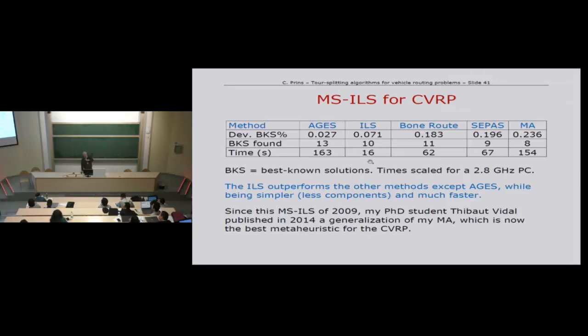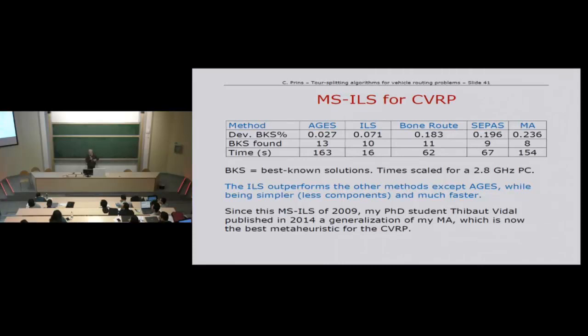And moreover, it is also the fastest heuristic. You see here all the running times are scaled for a 2.8 gigahertz PC, and you see that okay, it is not as good as AGES, but it is 10 times faster. And AGES is also very complicated.